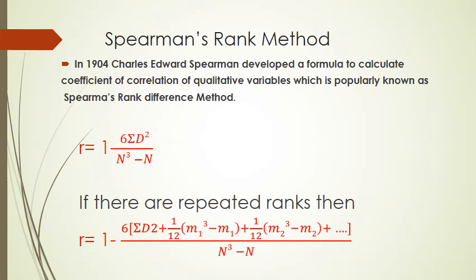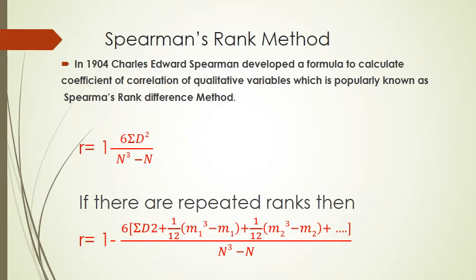Sometimes there are repeated observations, or the value of the variable is the same for different observations. At that time, you have to give the same rank to these observations. That is known as the repeated rank method.